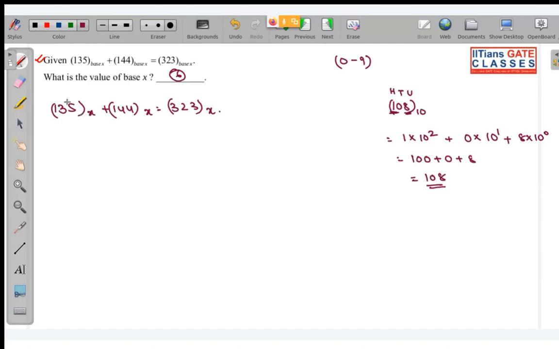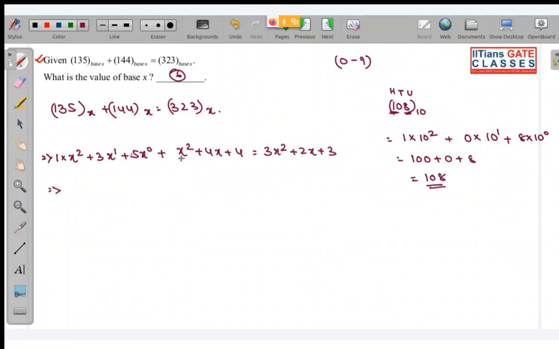So look. Yes, I was telling about base. So similarly, here we have base x. So I can expand this equation like this. 1 into x square plus 3 into x to the power 1 plus 5x to the power 0 plus x square plus 4x plus 4 is equal to 3x square plus 2x plus 3.